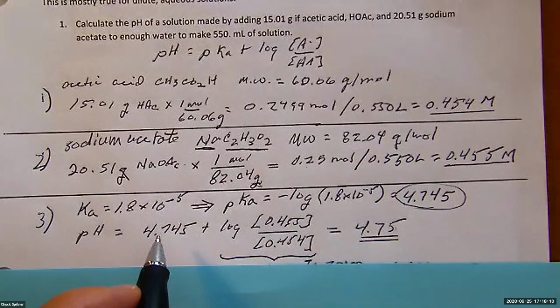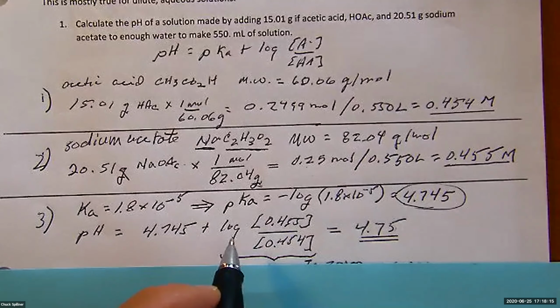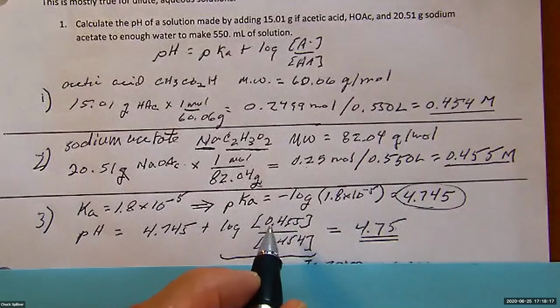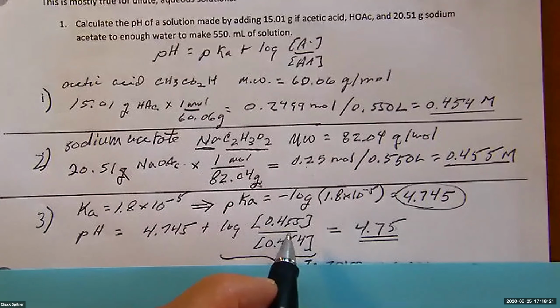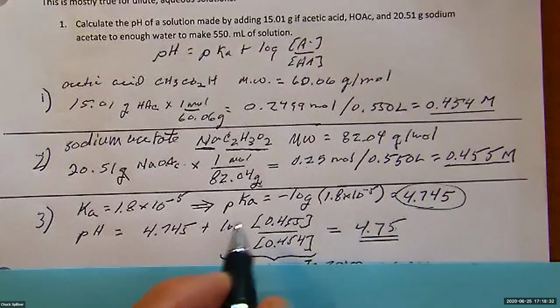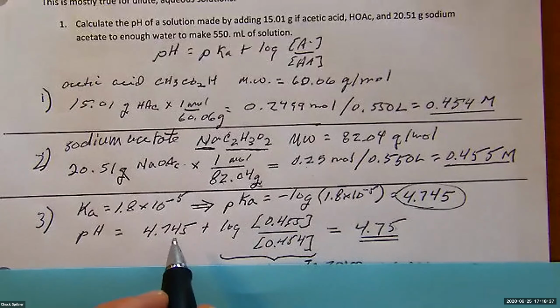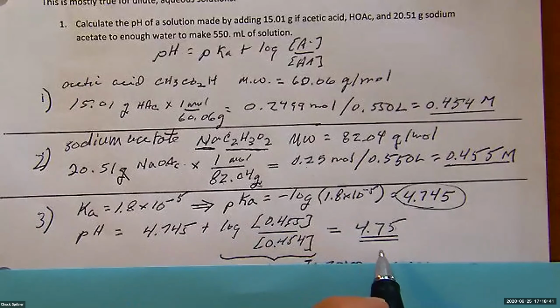We have the pKa 4.745 plus the log of the acetate ion, the conjugate base, 0.455, divided by the concentration of the acid, 0.454. When you do this calculation, what I usually do is figure the log number first, and add it to the 4.745, whatever works, and you get 4.75.